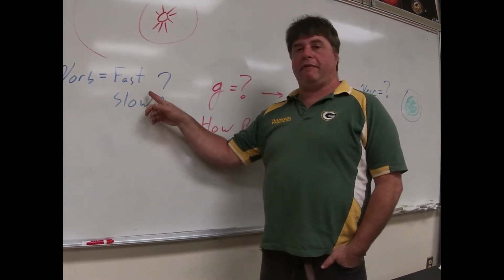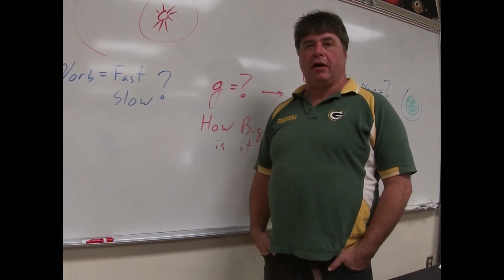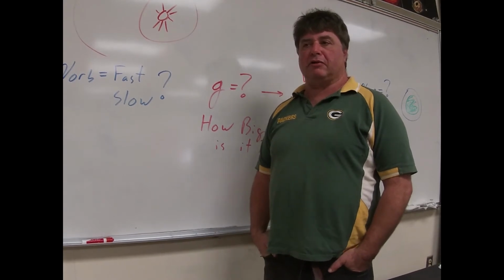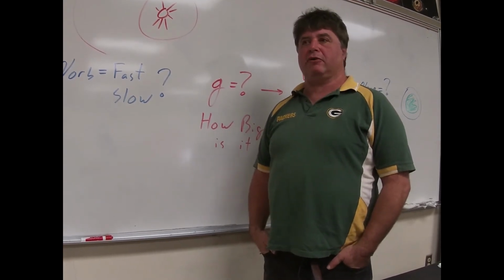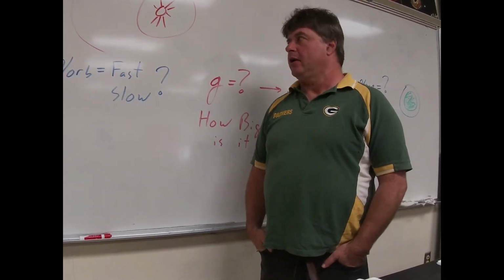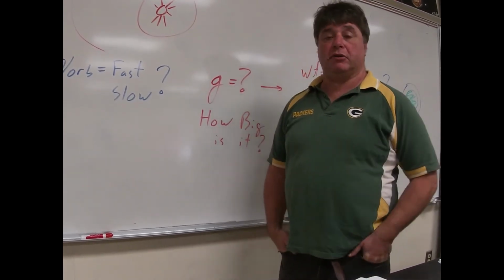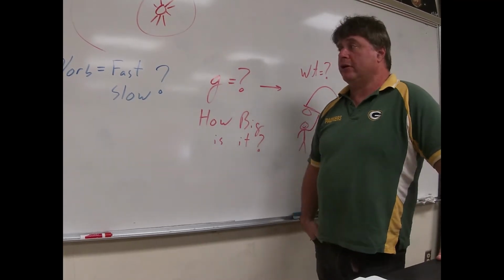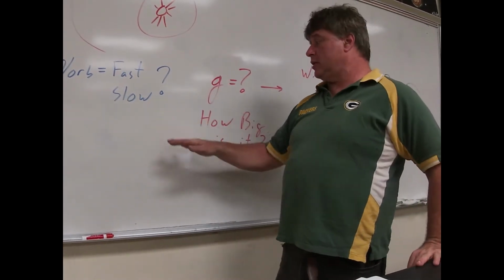That's got to be a really fast orbital velocity, right? And that was a star in orbit around something else. Man, that something else really has to be a big something else, right? Anyway, that might give us a clue that it was a black hole later on. So that's why orbital velocity is important.